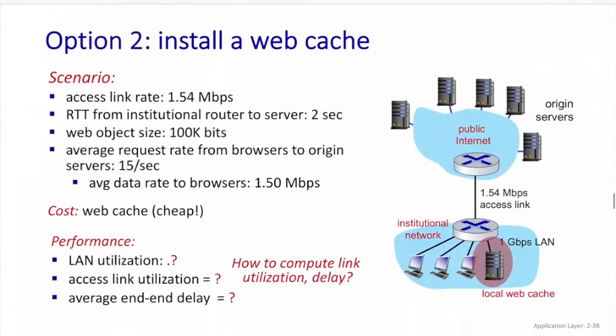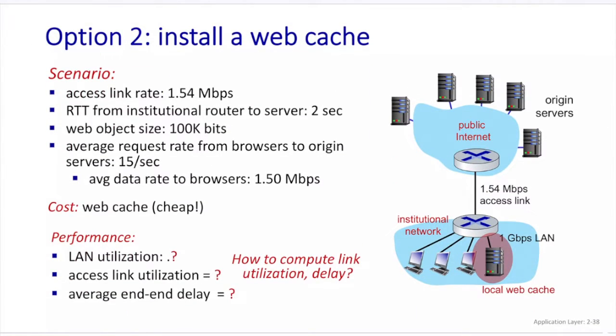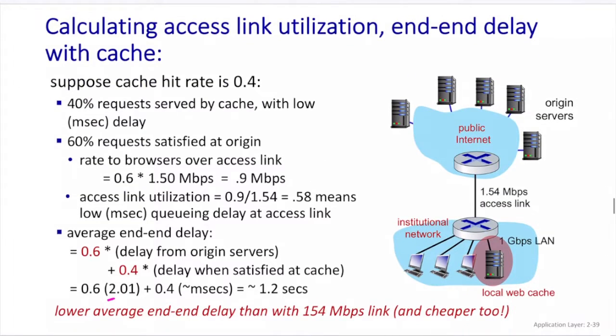Okay, so let's take a look at option number 2. We use web caches. Now we set up a local web cache in your LAN, and we introduce this number, the hit rate. As we mentioned before, every time you ask your local web cache to retrieve some web pages, the local web cache will make a copy and save it to its local storage.